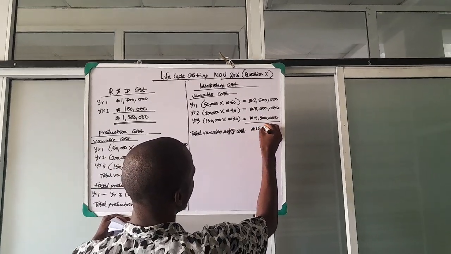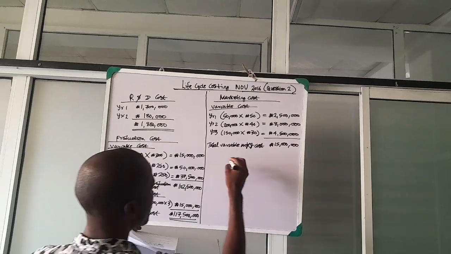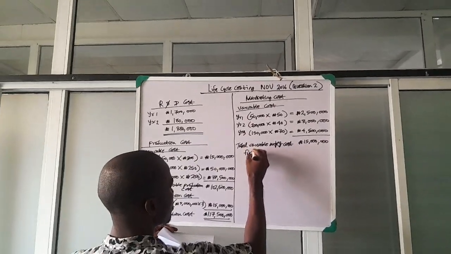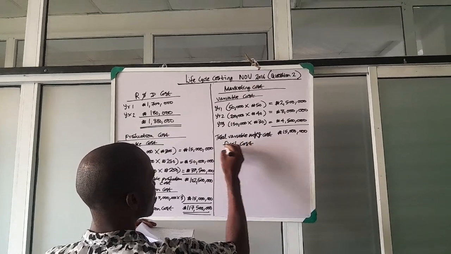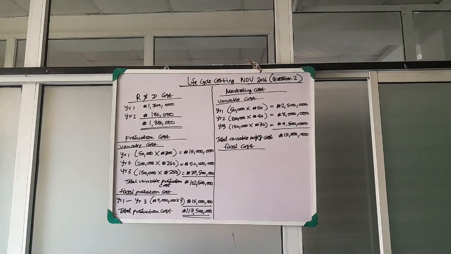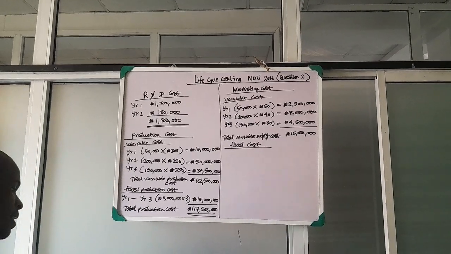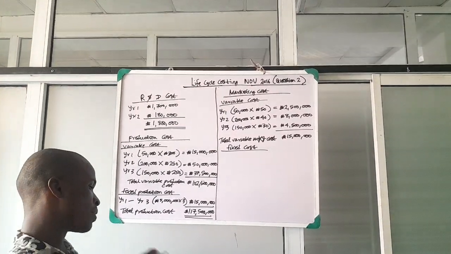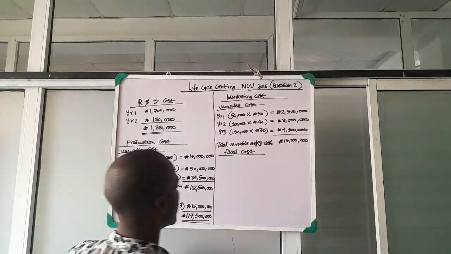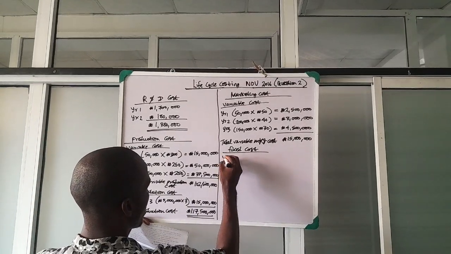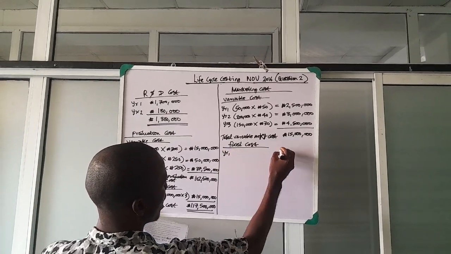Then the fixed costs under marketing, we have 3 million for the first year, then 2 million and 2 million for year 2 and year 3 respectively. So year 1 we have 3 million.